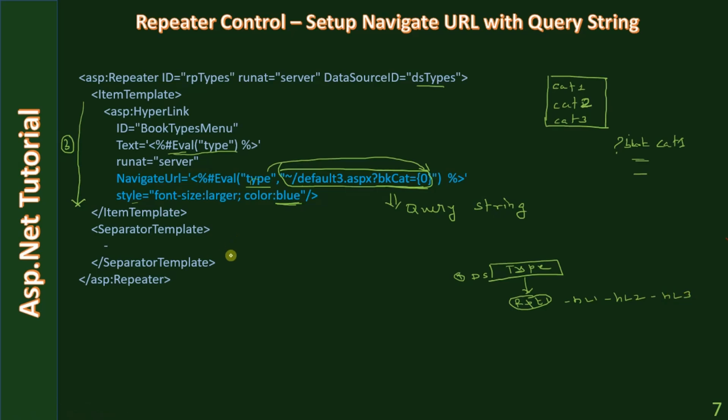So we are forming the hyperlinks, and there is a second data source that is for book title. Right, we created two SQL data sources. So far we used the first data source only, and the second one is for book title.